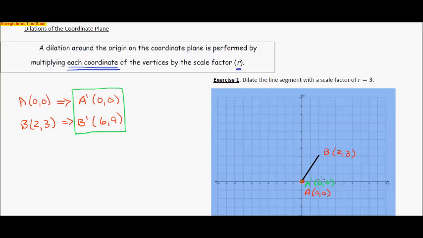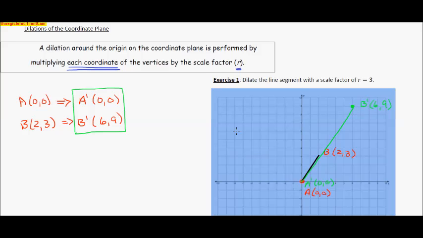So 1, 2, 3, 4, 5, 6, and up to 9 is going to be right there. This is going to be B prime. That is 6, 9. If I can draw a straight line with this, it will be pretty cool. Yeah, that's not too bad.